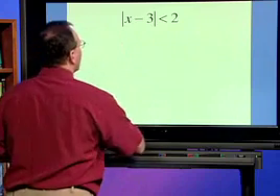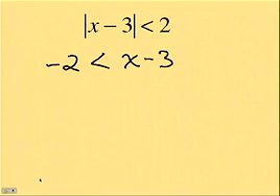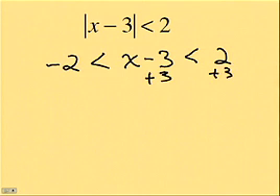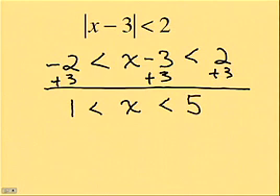So this becomes negative 2 is less than x minus 3, which is less than 2. And to solve that, we add 3 to each part. And what we have is 1 is less than x, which is less than 5.